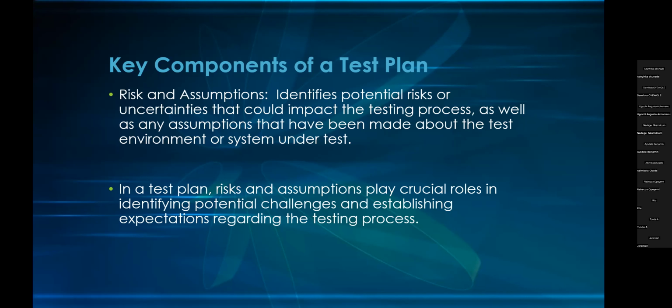Some test plans also, I think, have budget added to them. Is it budget planning, or what's it called now? Can't remember yet. Something like that can be added. It depends on what the project is, and different organizations have different processes of creating their test plans.